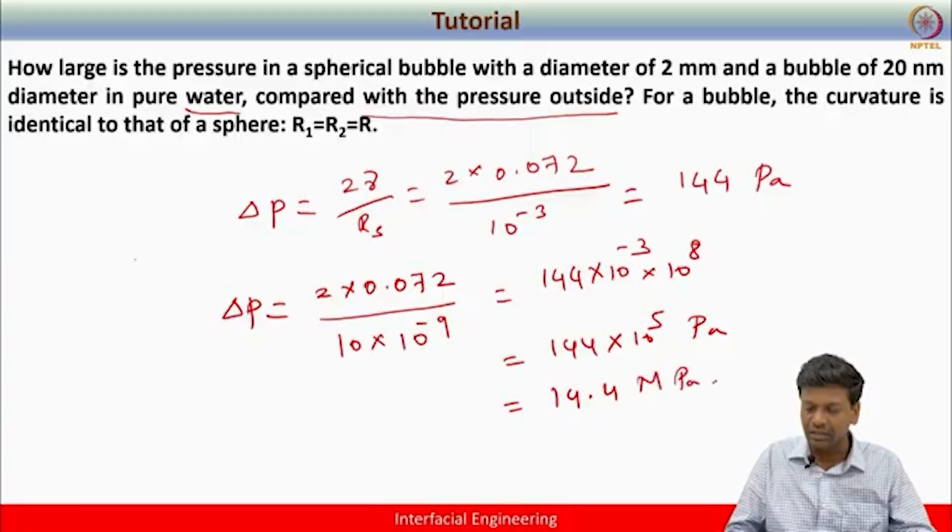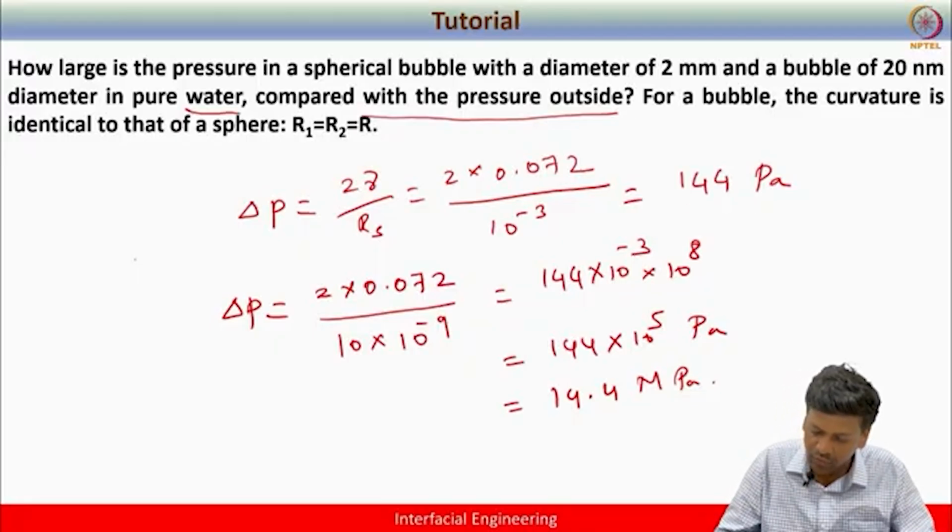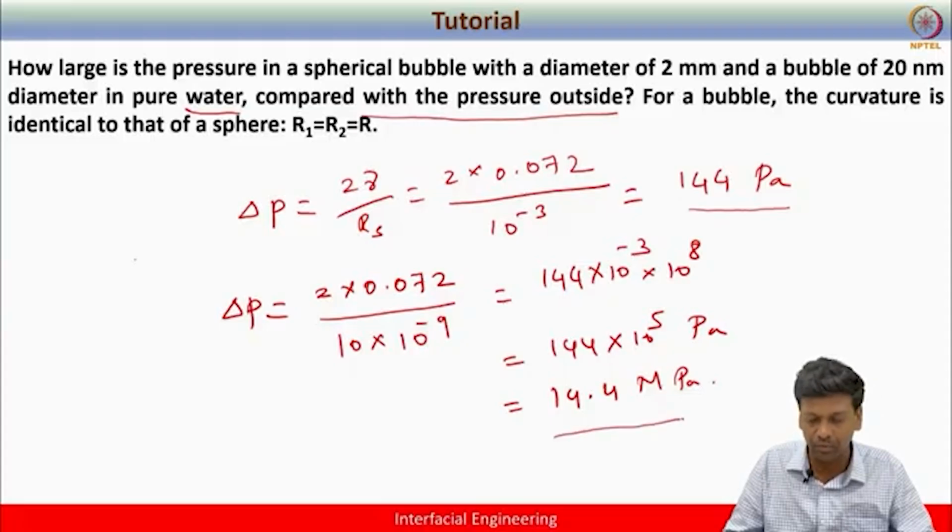Okay, see the difference. In the case of 2 mm diameter, you can see that it is simply 144 Pascal, whereas in the case of the 20 nanometer diameter bubble, you get that the pressure inside is so large compared to the macro bubble, which is 14.4 megapascal.